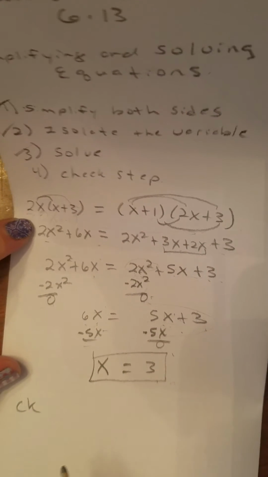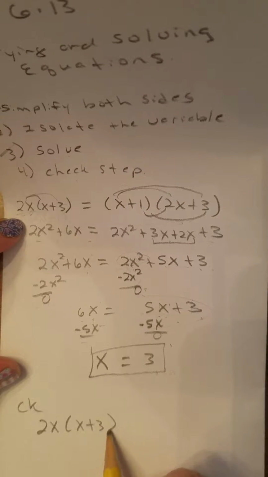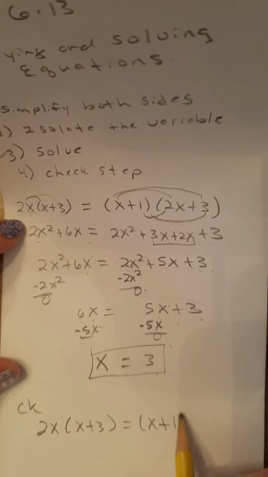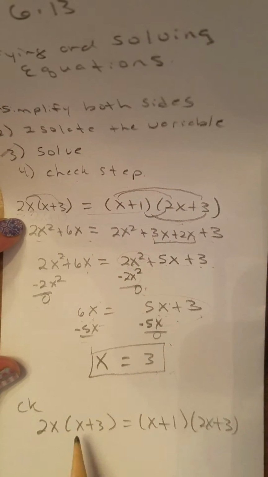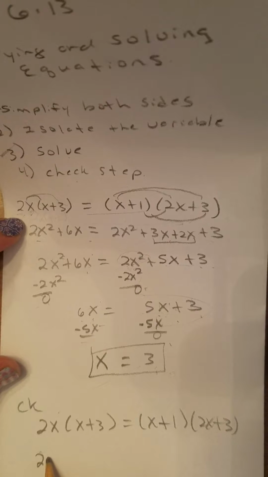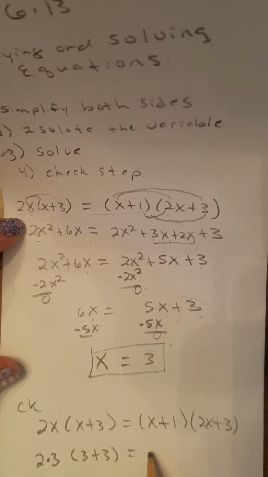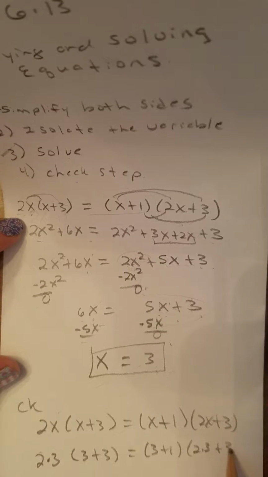The check step would be taking your original problem that you started with, and then substituting in 3. So we have 2 times 3 and 3 plus 3, 3 plus 1, and 2 times 3 plus 3.